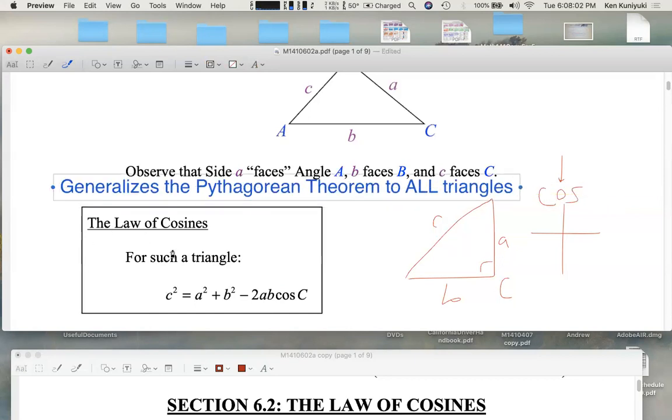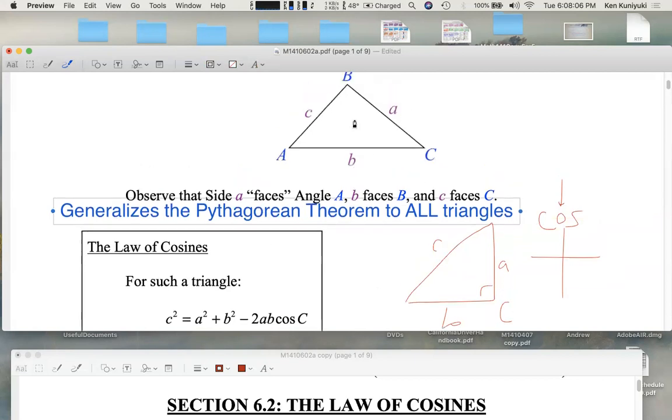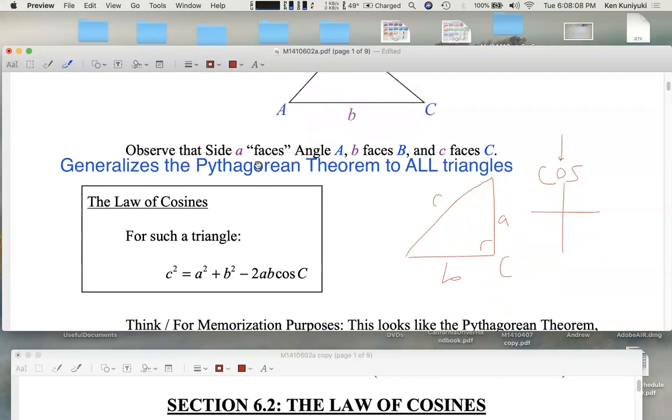But the law of cosines generalizes it to all triangles, like this guy. Or you could think of the Pythagorean theorem as a special case of the law of cosines over here. The law of cosines is like the Pythagorean theorem for all triangles, not just right triangles.